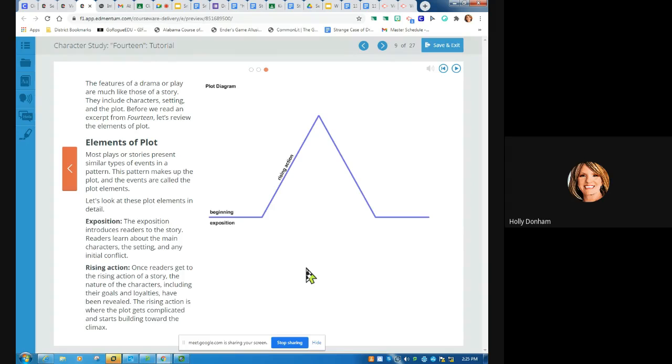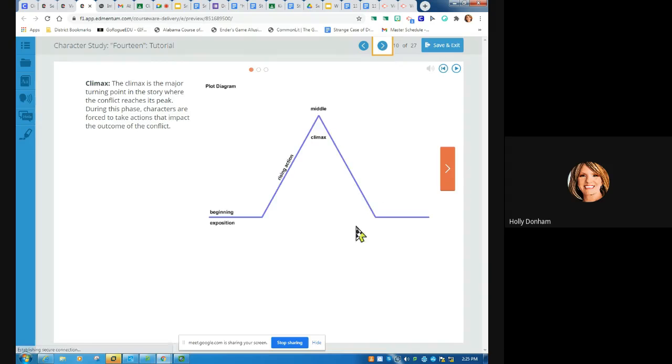The plot gets complicated usually, and it starts building toward the climax. Of course, the climax is the major turning point in the story. It's the part where the conflict reaches a peak. Characters are forced to take action, and the action that they take is important, and it affects how the story will end.